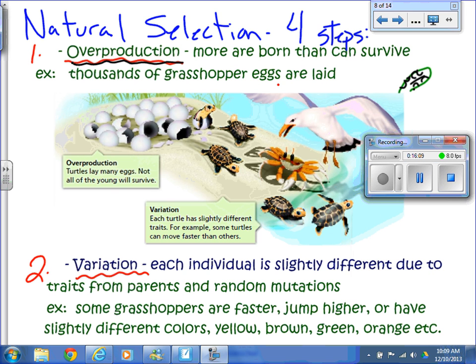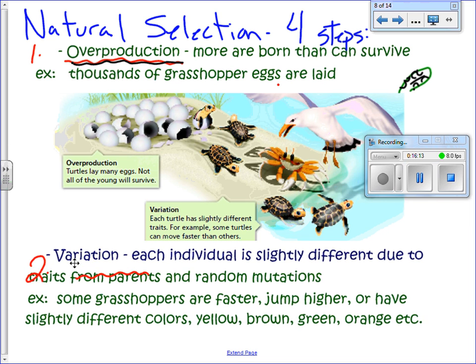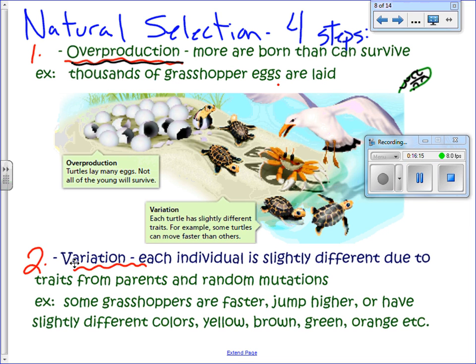Step 2 is variation. Variation is that each of the individuals is going to be slightly different due to getting different traits from their parents and from random mutations. Over the past couple weeks, we've been talking about Punnett squares and about passing down genes from parent to offspring, and meiosis, where you get the random selection of traits in the sperm and the egg.